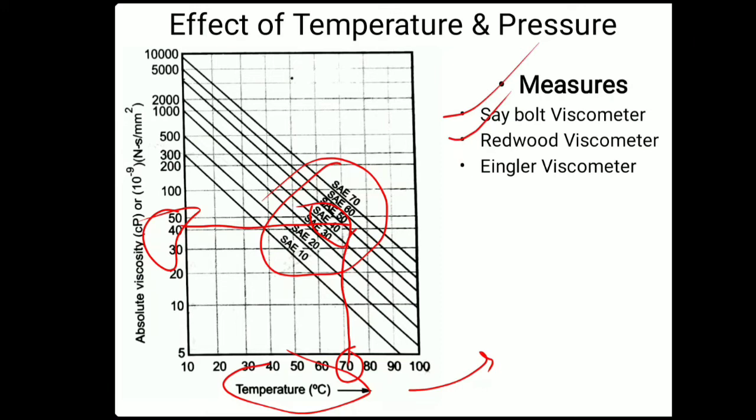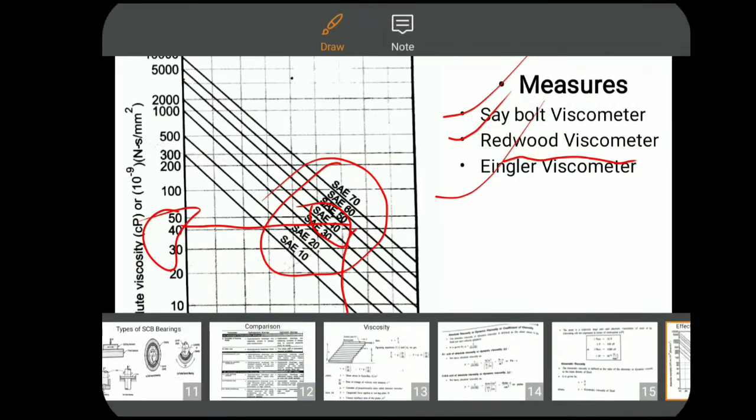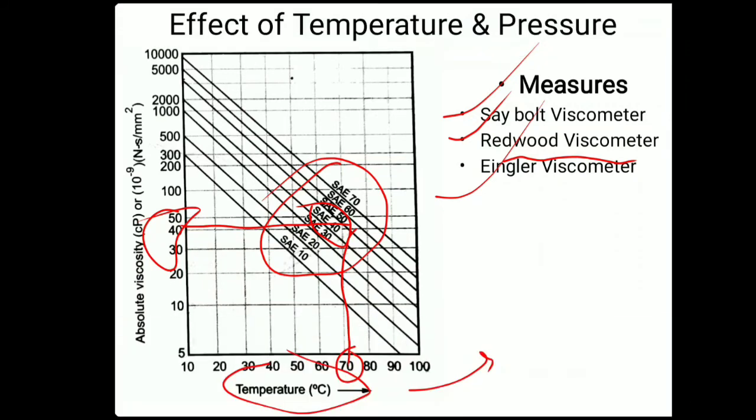That way we can measure viscosity, with the Redwood viscometer. And the third one is the Engler viscometer. These are just for your information. For more detail, you can search on Google to get the idea of how it can be measured practically. Clear?